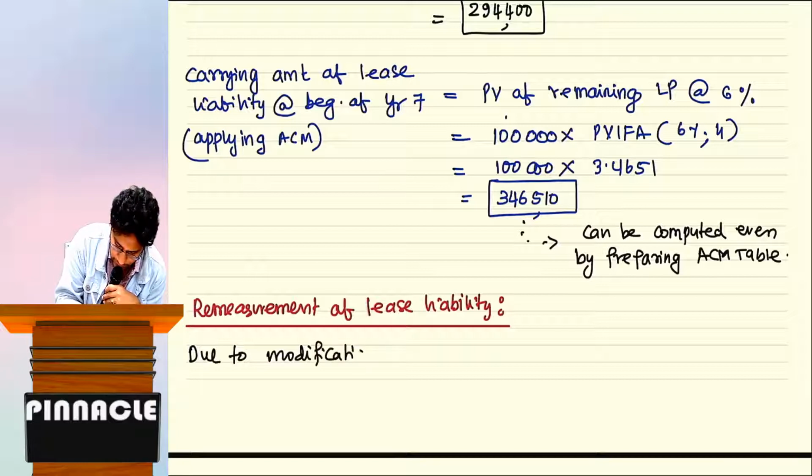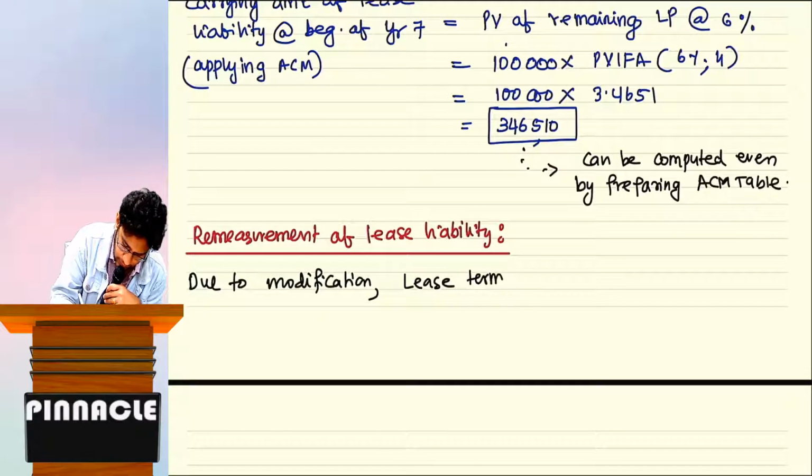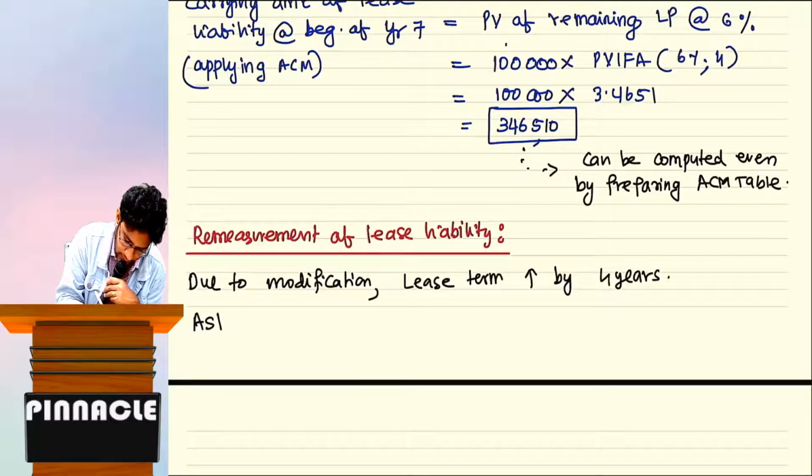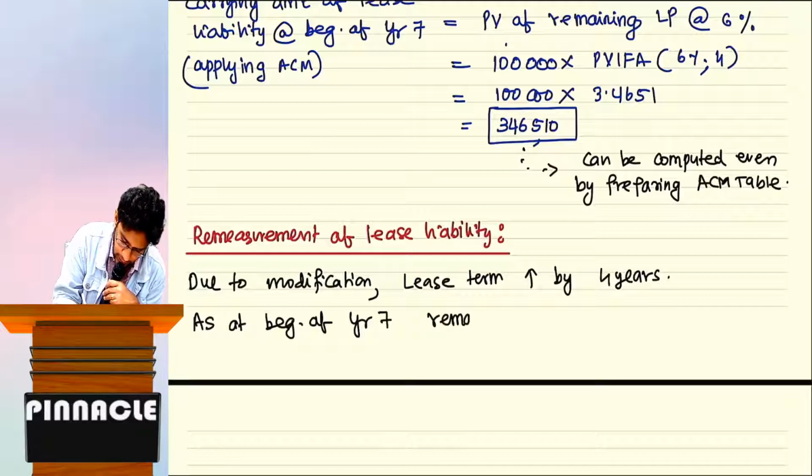Due to modification, lease term increased by 4 years. As at beginning of year 7, remaining lease period or lease term is equal to 3 plus 4, which is equal to 7.